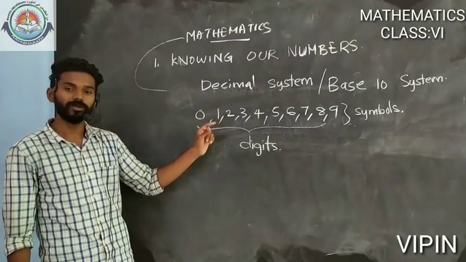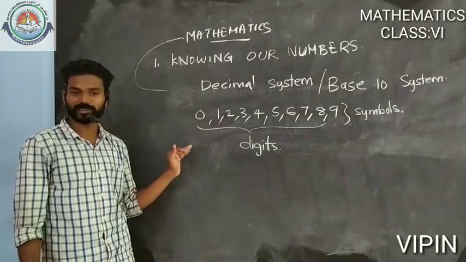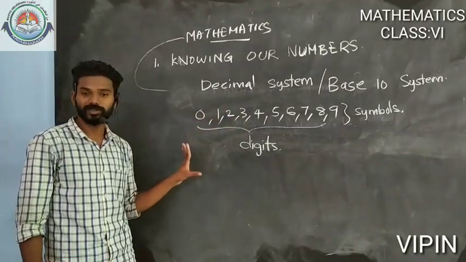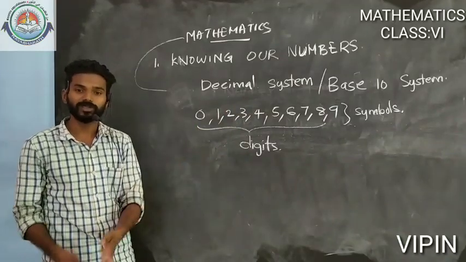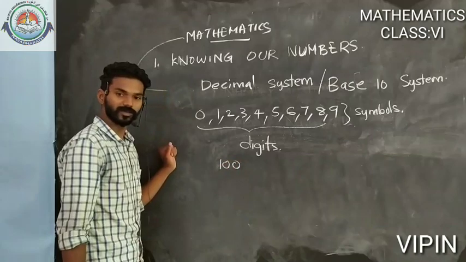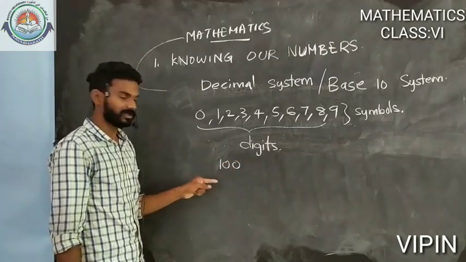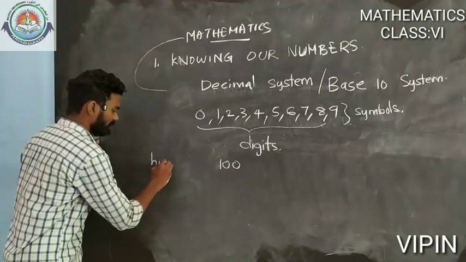So now you can check how the numbers are constructed by using these symbols. Suppose we have a number 100. How can you represent the number 100? Just like this.